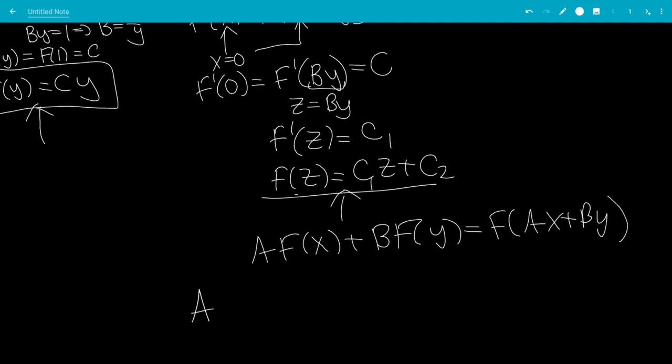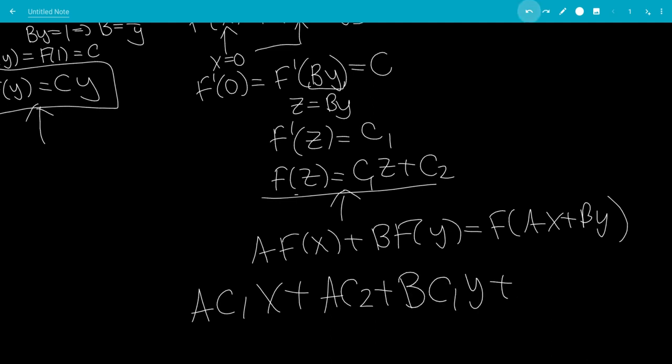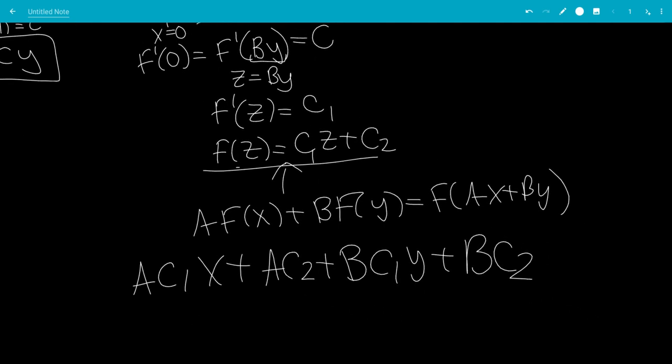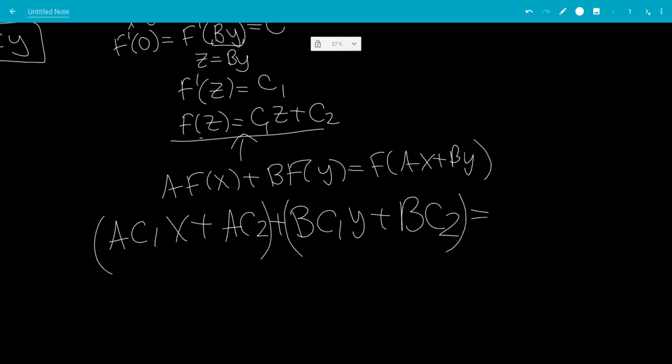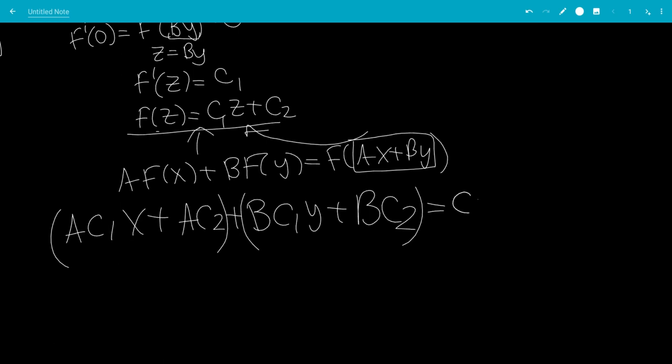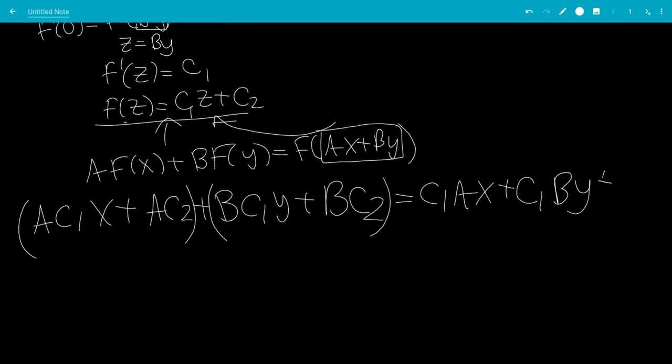We're going to get a f(x), which will be c1 x + c2, and then plus b f(y), which is c1 y + c2. These are in parentheses just to show where they're coming from. Now we're going to plug ax + by into the right side. That leaves us with c1 times ax plus c1 times by, and then plus c2.